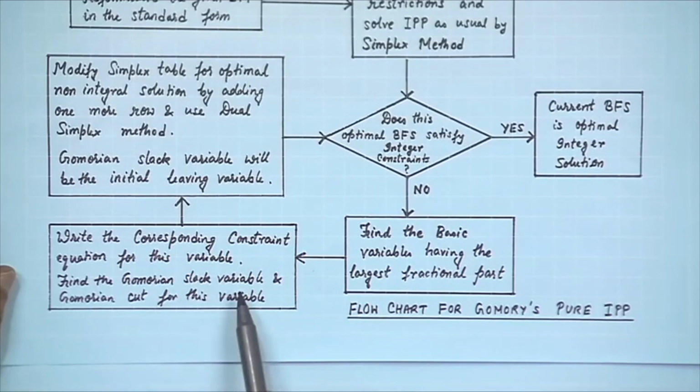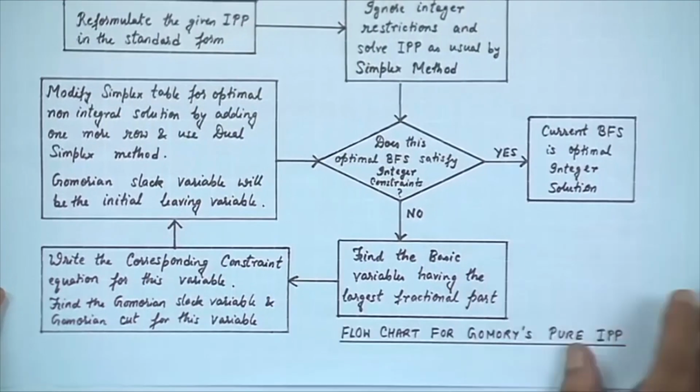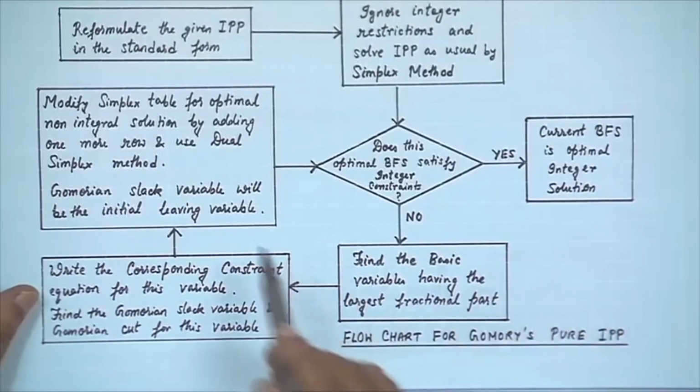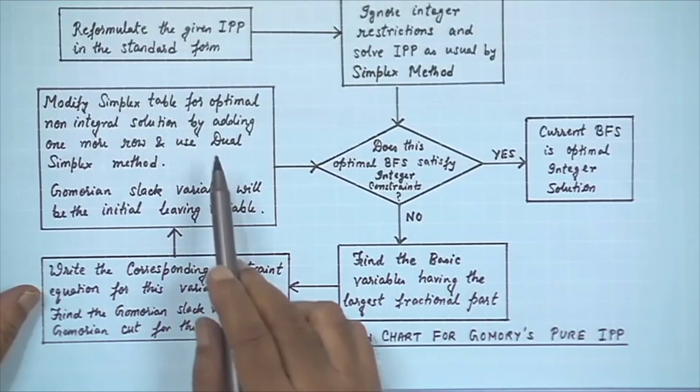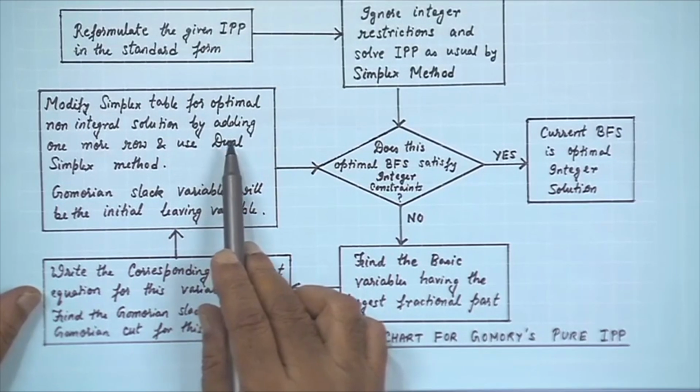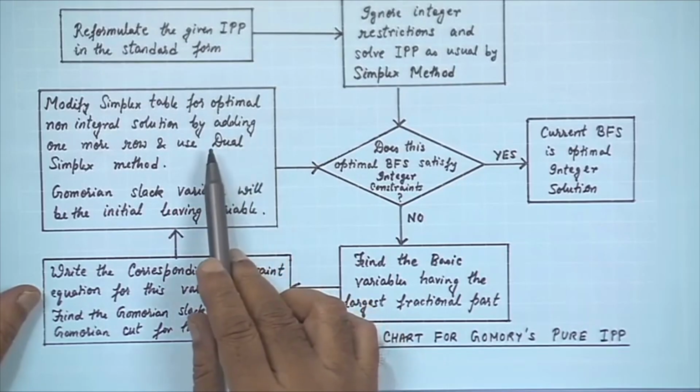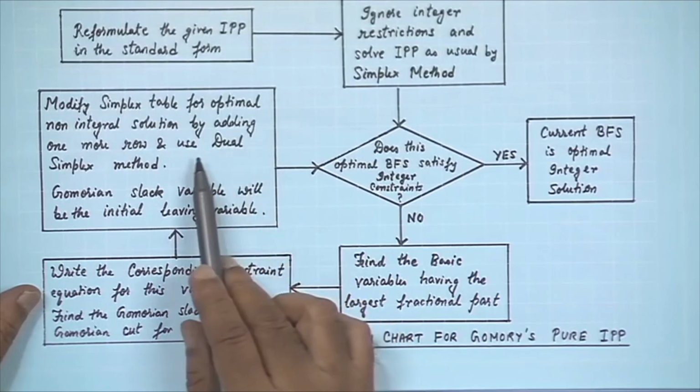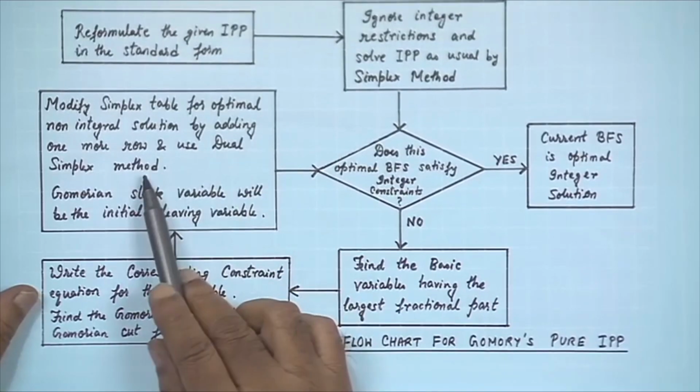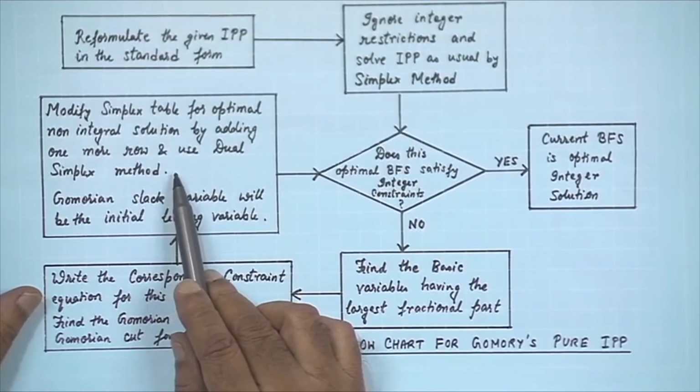Find the Gomorian slack variable and Gomorian cut for this variable. This we will show whenever we go through the example. Then modify the simplex table for the optimal non-integer solution by adding one more row, and you use the dual simplex method.